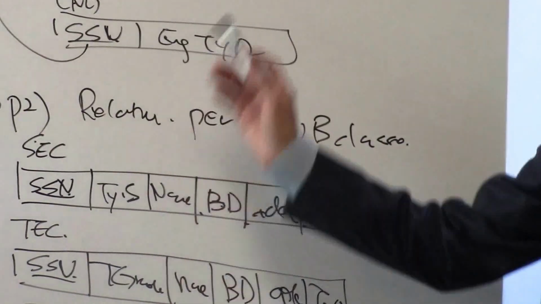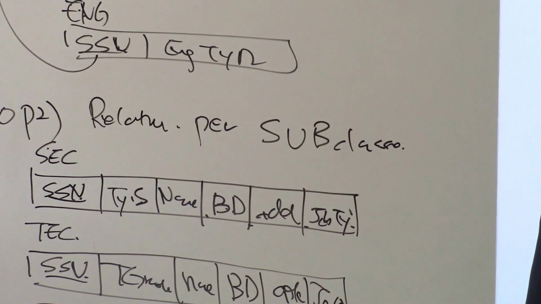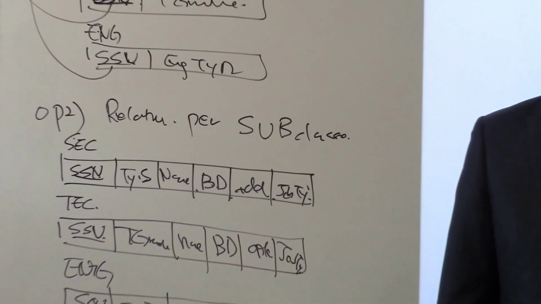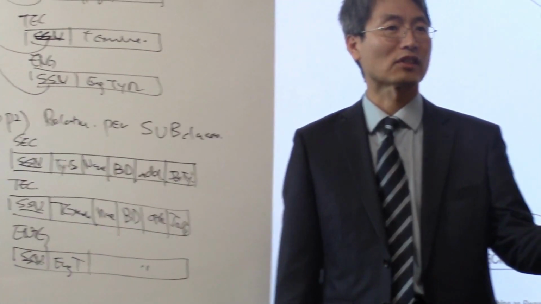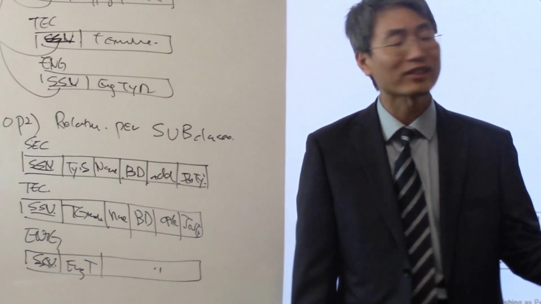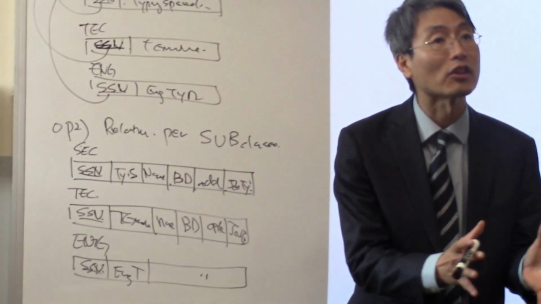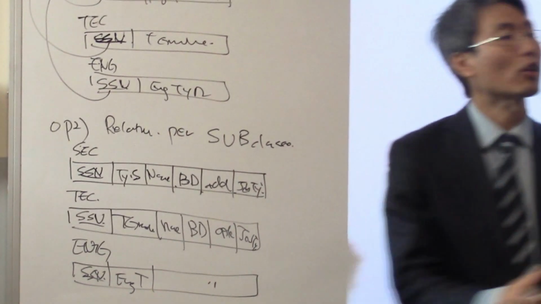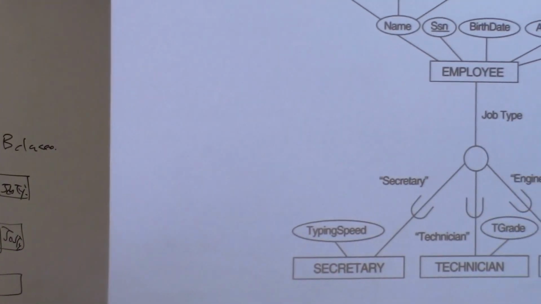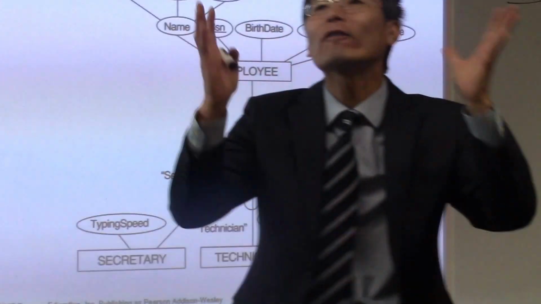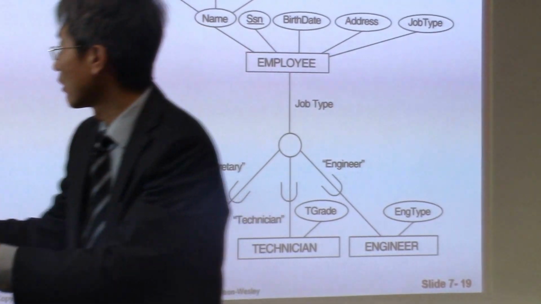So how do I select either option 1 or option 2? It depends on your application analysis. For example, if your application accesses secretary separately, technician separately, and engineer separately, there are 3 main applications in your system. One is only for engineer, one is only for secretary, one is only for the technician.